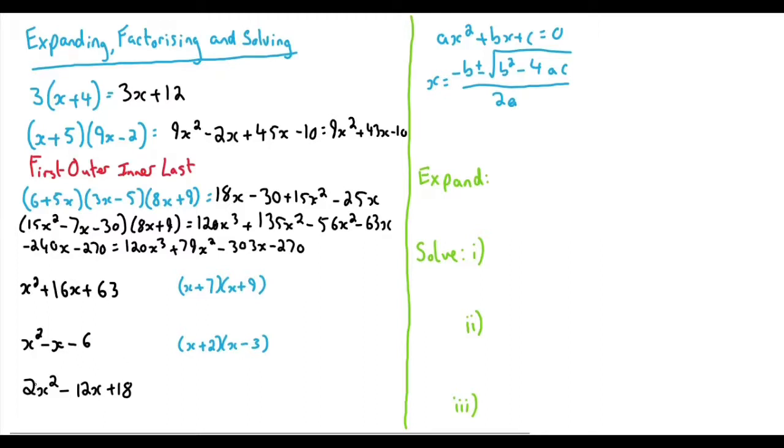For a third example, if we actually had a different coefficient other than 1 in front of the x squared, we'd have to do something slightly different. We're again going to have our two brackets, but here we'll have to say it's 2x and x, because they would times together to get 2x squared. Now the problem is that when we expand this, whatever number is here on the far right is going to be multiplied by the 2 when we're making the middle term.